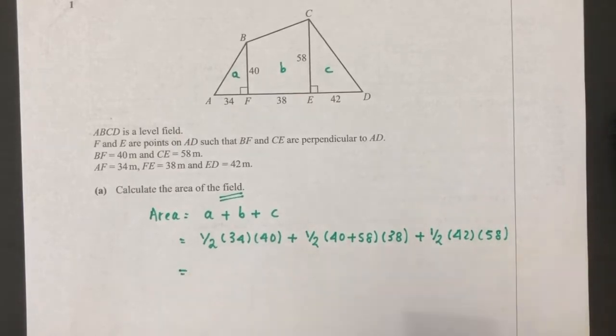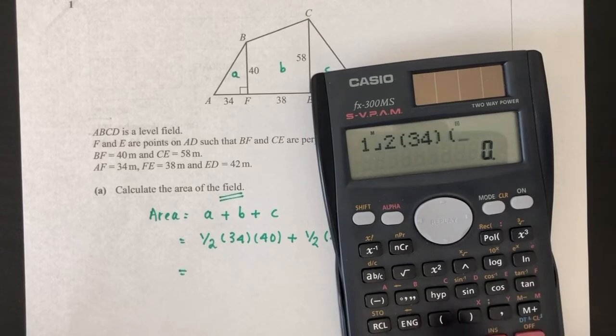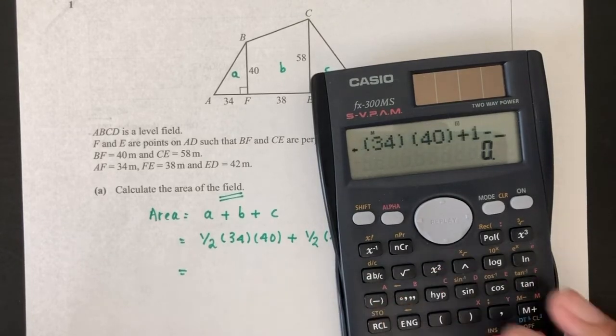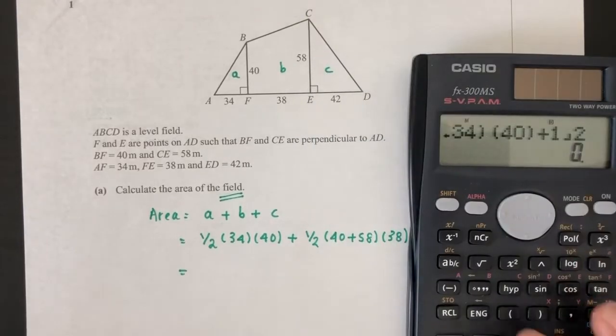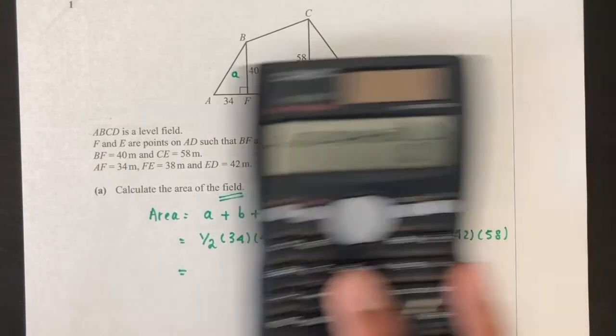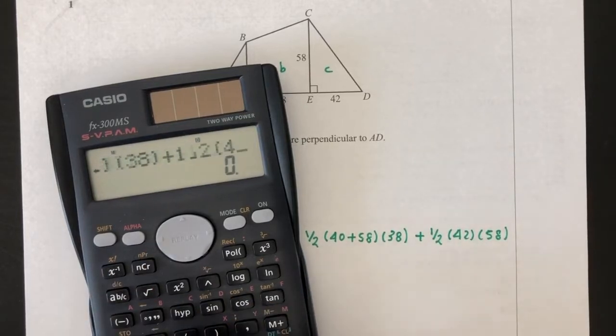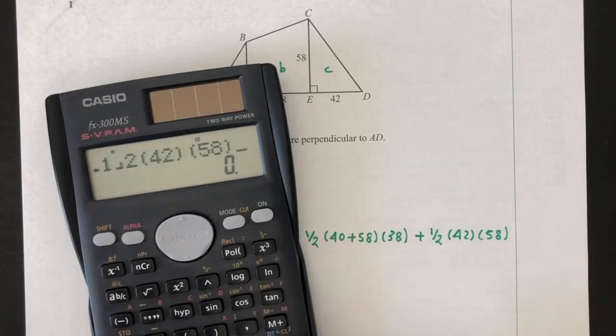So let's simplify. First one is half, 38, 40, plus half times 40 plus 58, times 38, plus half times 42 times 58.